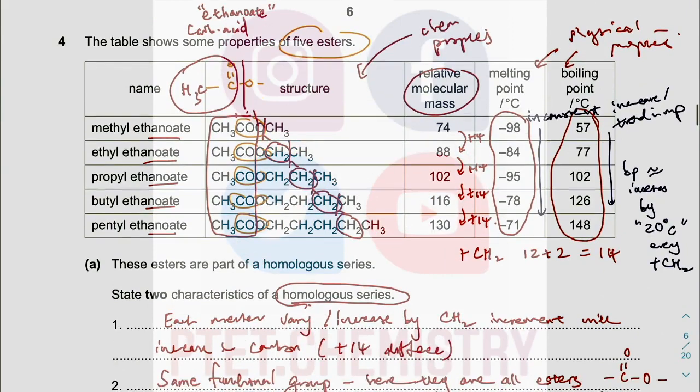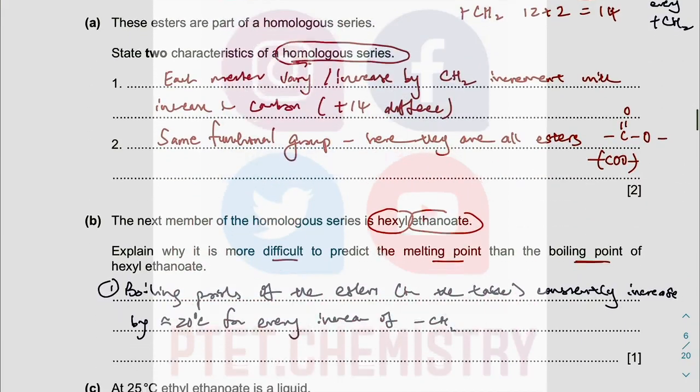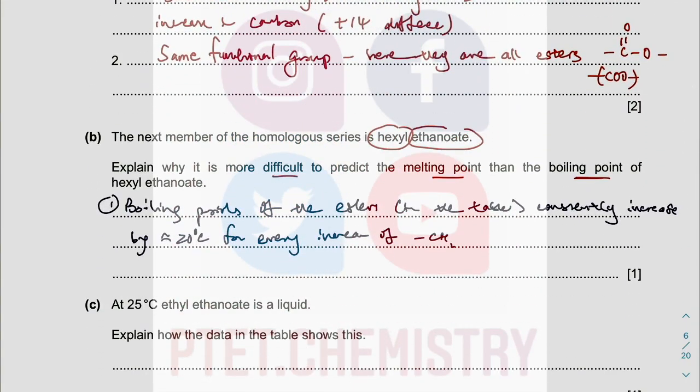The next bit obviously is that it increased and then it decreased again. But the melting point does not show consistent increase.